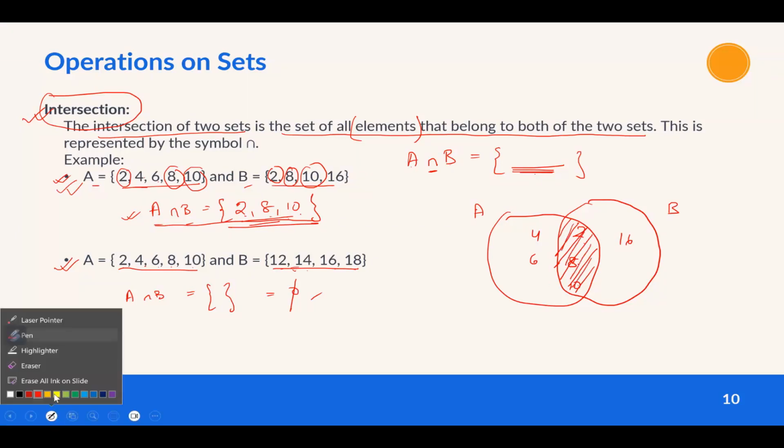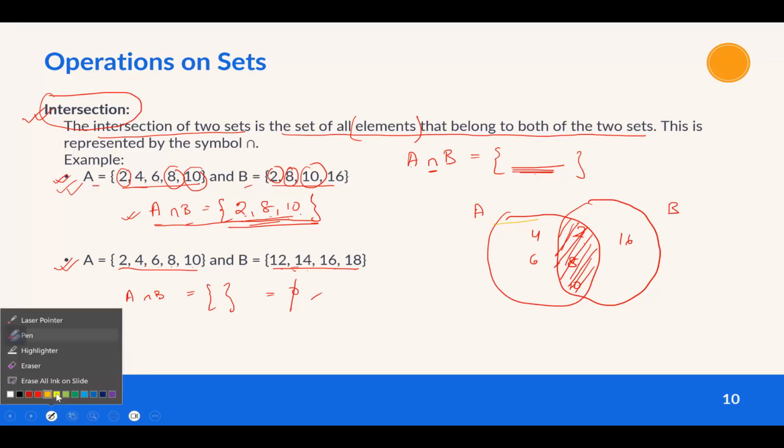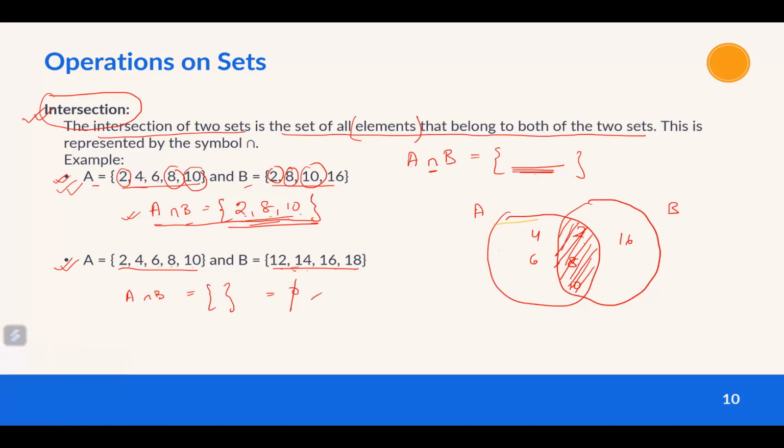Now if I ask you, what is the union? So union is this region. Let me change the color to a good color which you can see. So we have seen this is the intersection. So what will be the union? Union will contain all the elements which are present in both the sets. This region will be union.